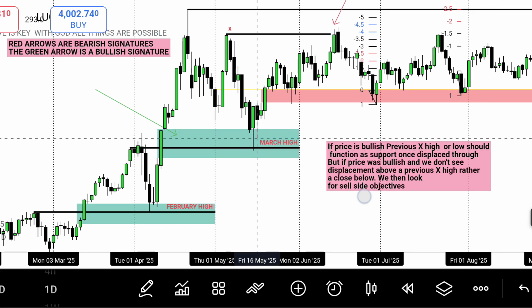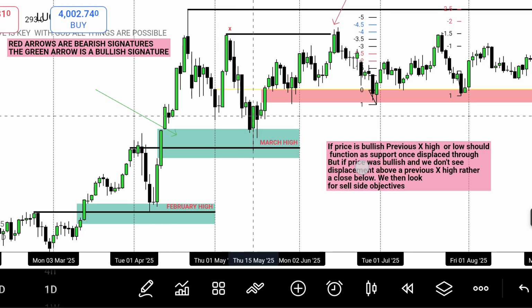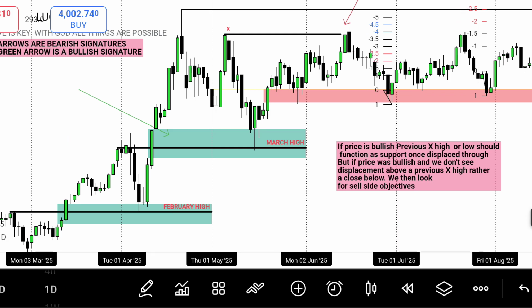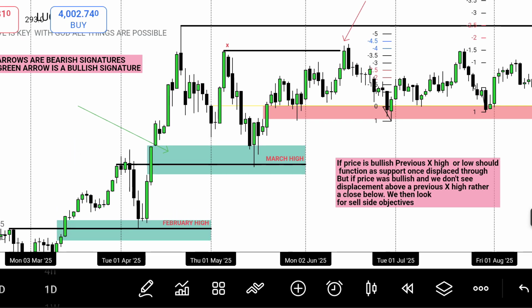Saw rejection of March high followed by displacement to the upside. And note, these green arrows signify bullish signatures, while this red arrow signifies a bearish signature. And we saw March high rejected.